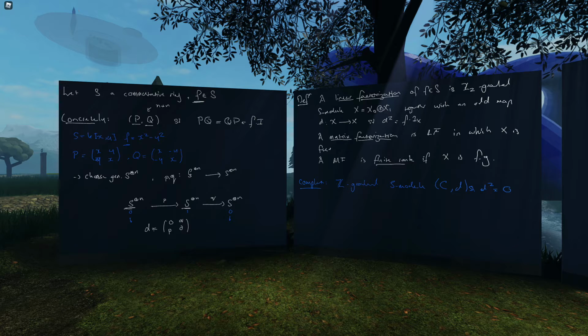So, for example, we can define a morphism of linear factorizations in the obvious way, which we'll do now.